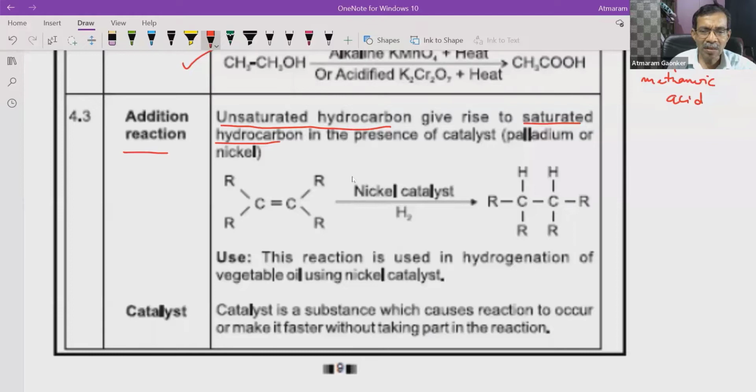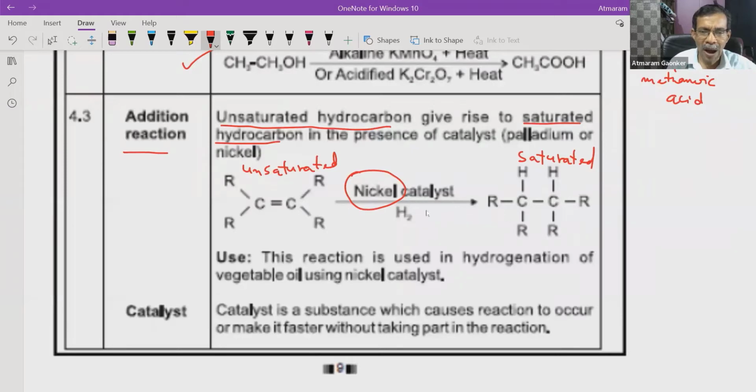What is the catalyst used here? The catalyst used here is nickel. In the presence of hydrogen and nickel catalyst, this unsaturated hydrocarbon gets converted into a saturated hydrocarbon. So this is unsaturated, and this becomes saturated because there is no double bond, all are single bonds.